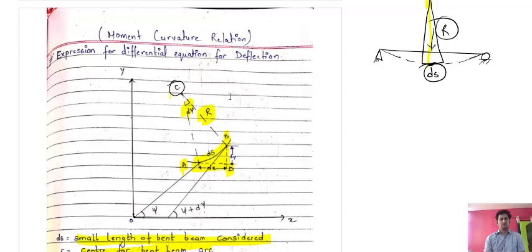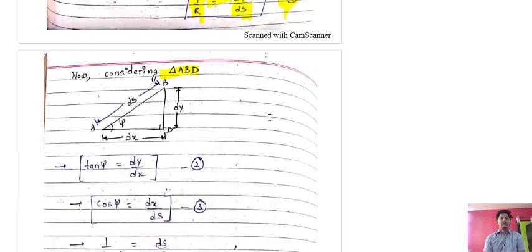Since the tangent makes angle psi, this angle in triangle ABD is also psi. The length of the arc is ds, and we assume it to be straight because it is a very small arc.